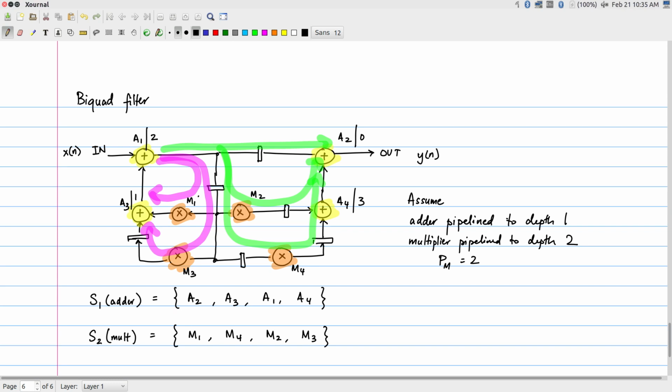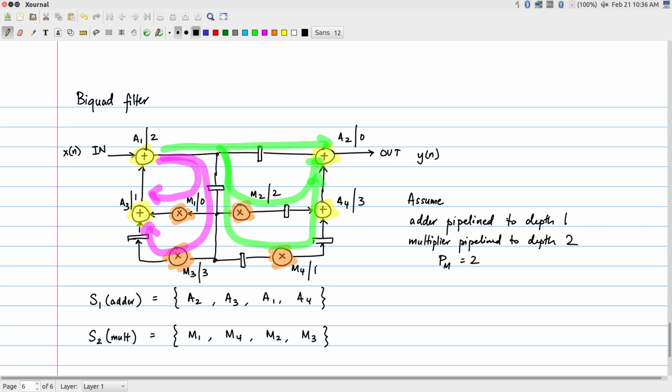Which is equivalent to saying M1 happens at time 0, M2 happens at time 2, M3 happens at time 3, and M4 happens at time 1. How did I come up with this ordering? We'll get to that later.